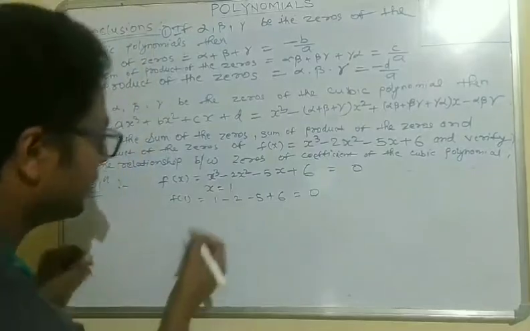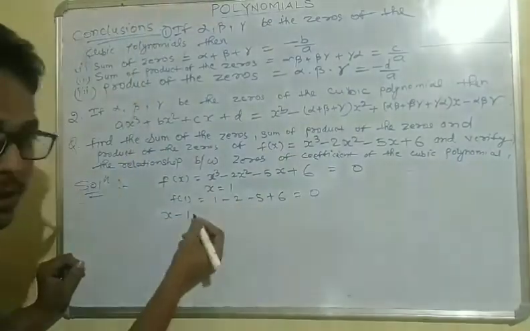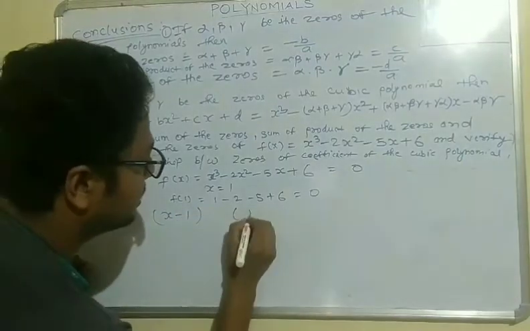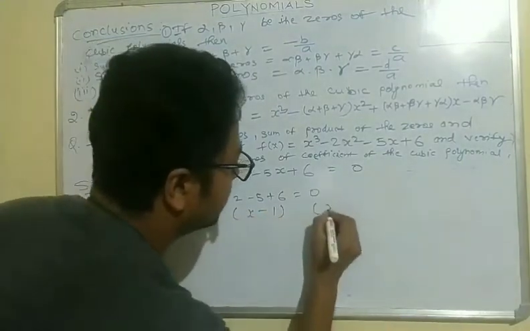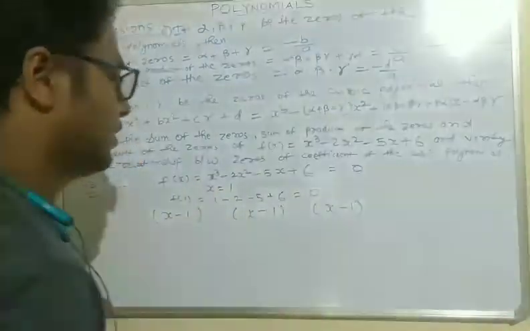Because it is a cubic polynomial, it can be written with the factor x minus 1, since x equal to alpha gives x minus alpha. Now I have to arrange this expression.